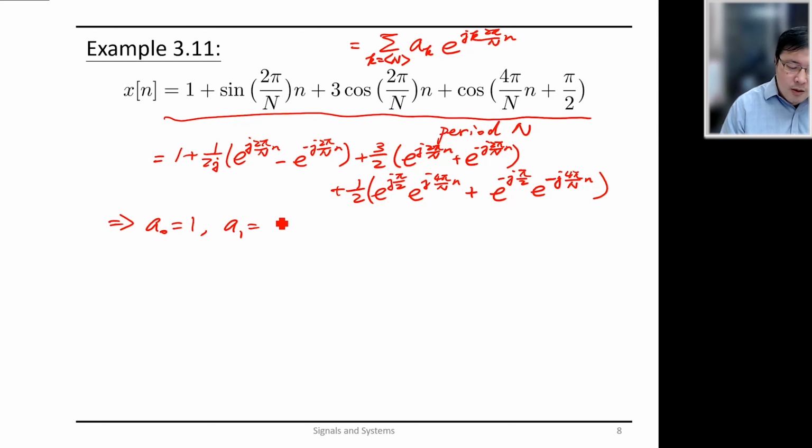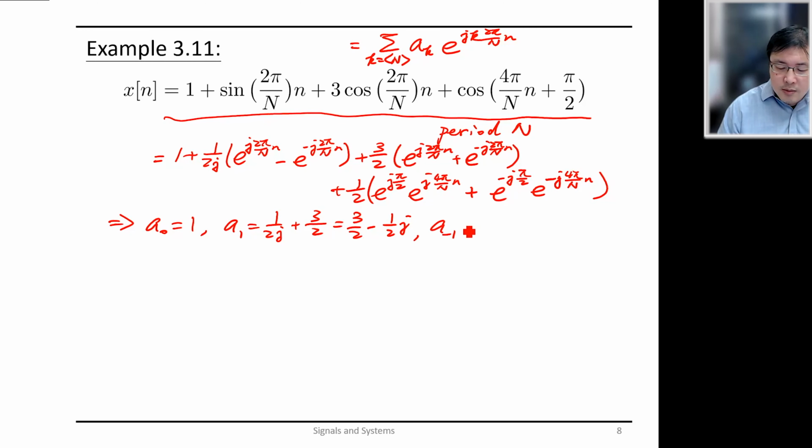So we have 1/(2j) plus 3/2, and moving j to the numerator, you have 3/2 minus 1/(2)j.